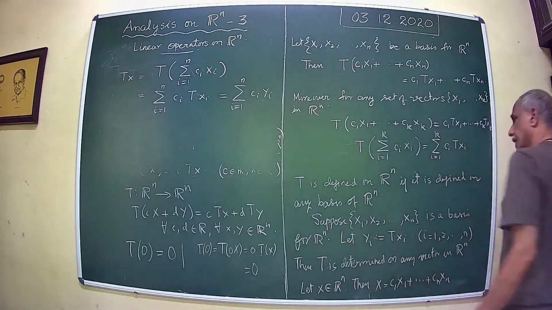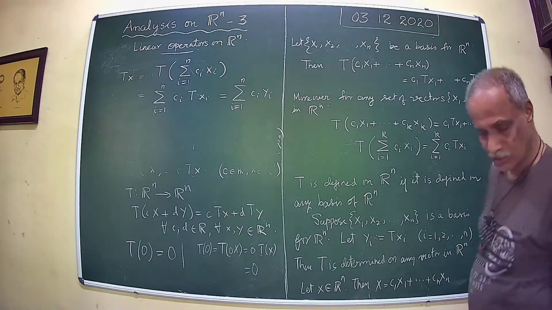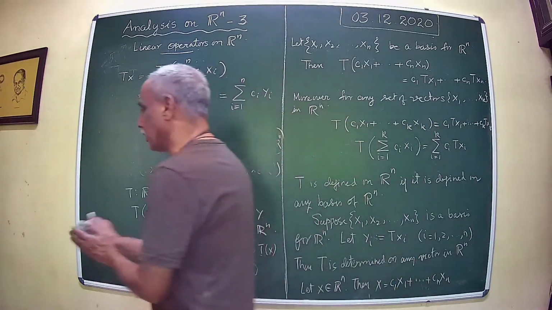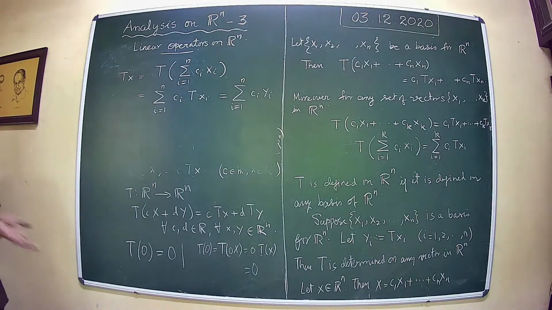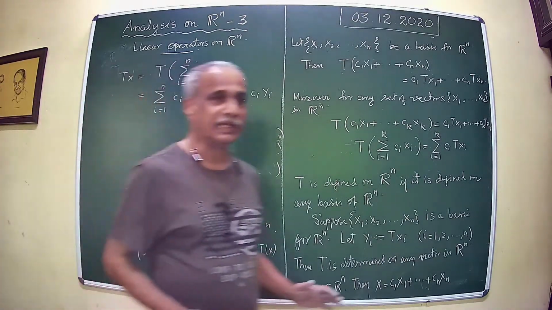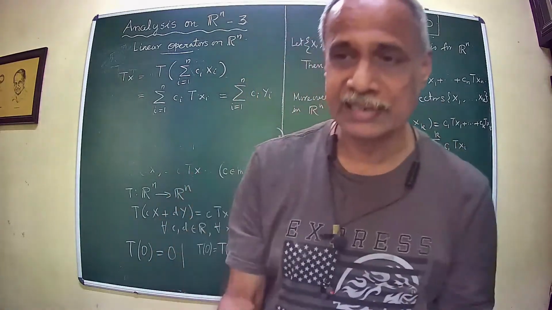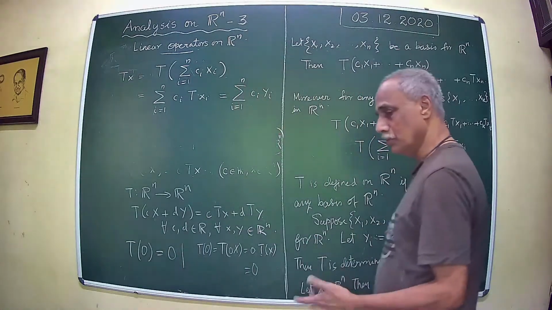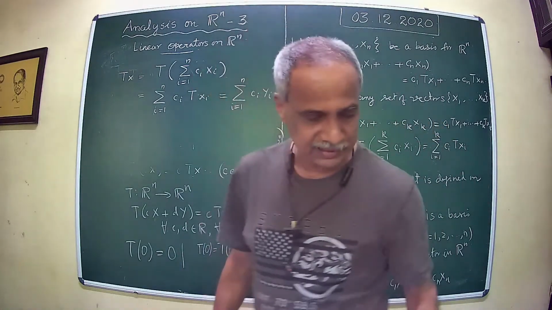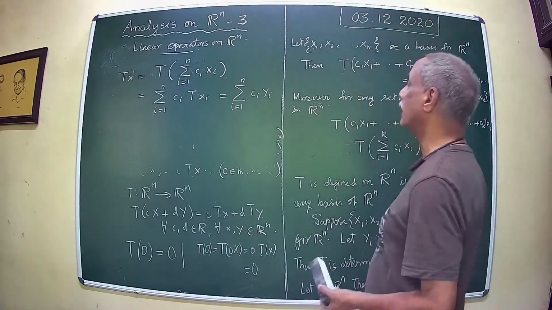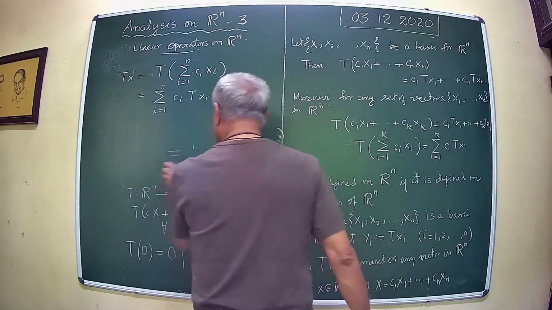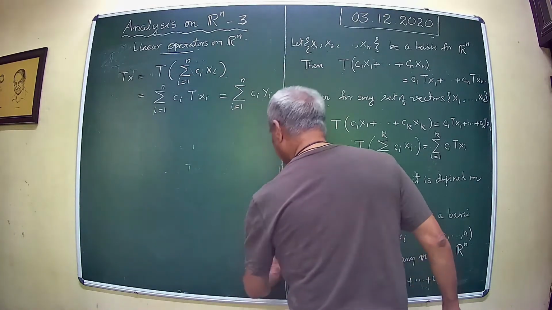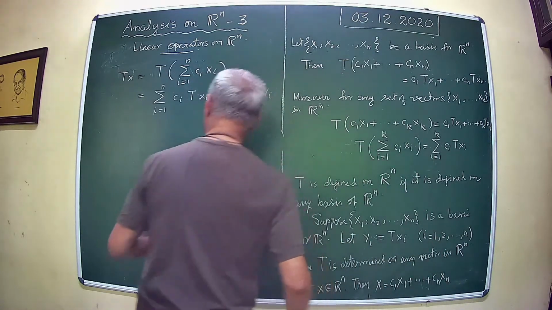Therefore, you see that for any x, Tx is fixed once T is fixed on a basis. This is an important thing. Therefore, you don't have to say what T is everywhere specifically. All that you need say is that you choose some basis, and on that basis, you fix this. For instance, the standard basis is e1, e2, etc., en. Therefore, if you say what T ei is, then T is well defined.